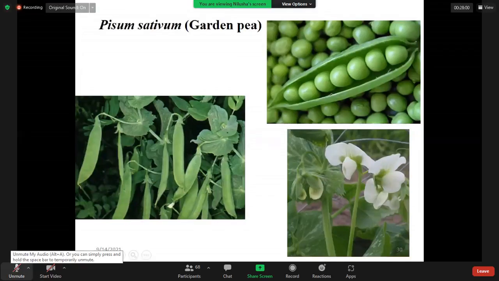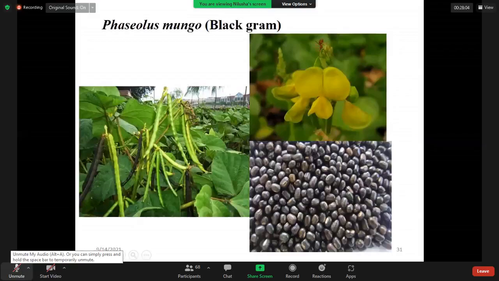Next one is the black gram. I told you already. I think earlier you knew about this one. In Sinhala we call it Undu. In Tamil we call it Ulundu. Botanical name Phaseolus mungo.